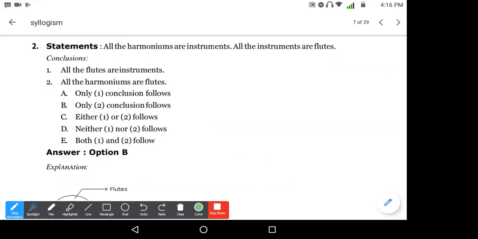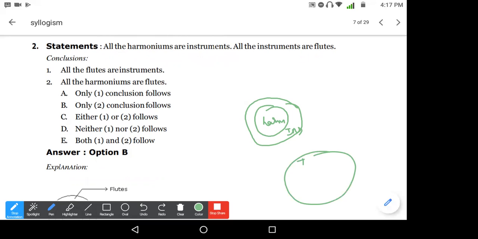All harmoniums are instruments. All the instruments are flutes. So all the harmonium, let me take, okay, this is harmonium. All the harmonium are instruments, which means in a bigger circle of instruments I have harmonium.